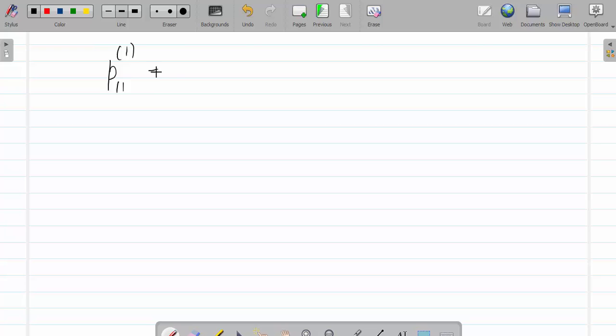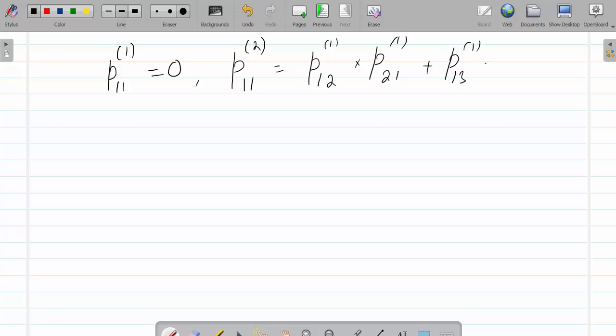Period of state 1, we have P11^(1) that is equal to 0. P11^(2), so going from 1 to 1 in 2 steps, this is equal to P12 into P21 plus P13 into P31. So if we put all these as half, half into half plus half into half, this is greater than 0.